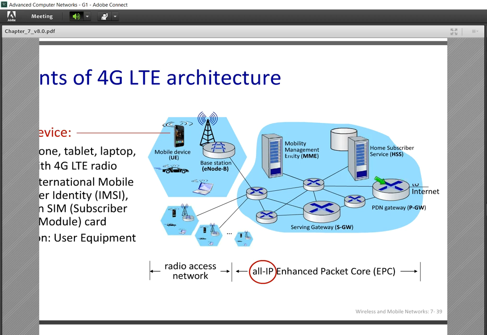So there is a PDN gateway, or PGW, a gateway toward the internet, and at the same time you can see two other main servers. Please remember these servers. One of them is Home Subscriber Service, or HSS. Why should we remember this? Look at this database.